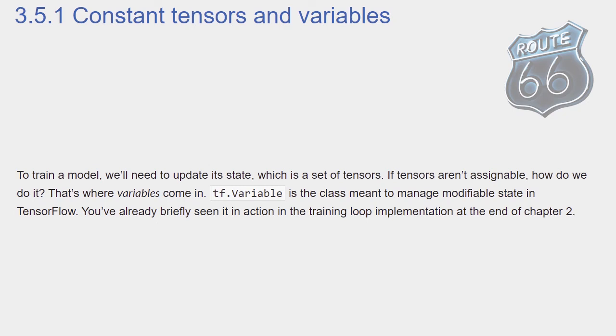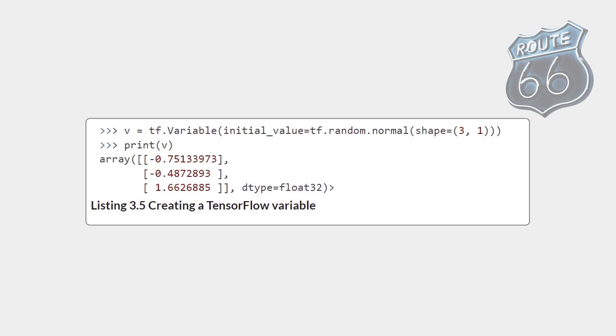To train a model, we'll need to update its state, which is a set of tensors. If tensors aren't assignable, how do we do it? That's where variables come in. tf.Variable is the class meant to manage modifiable state in TensorFlow. You've already briefly seen it in action in the training loop implementation at the end of Chapter 2.